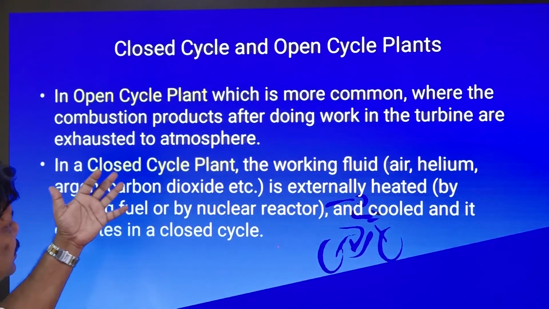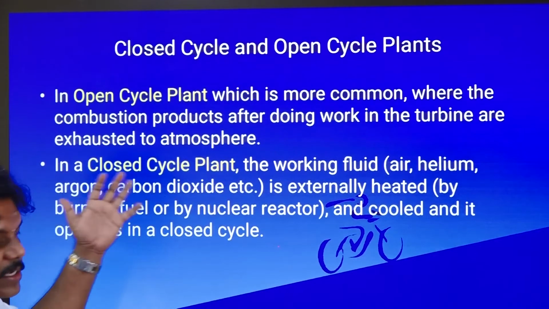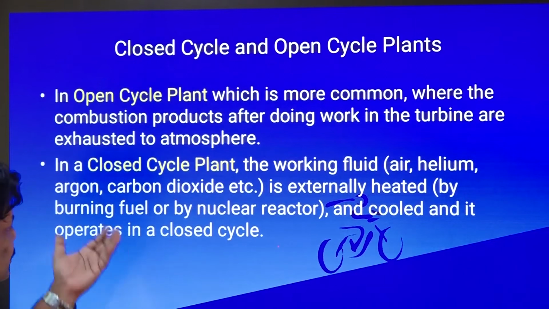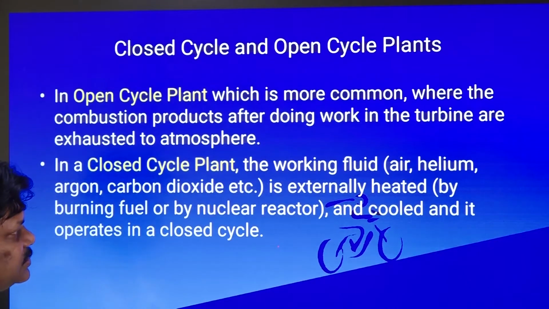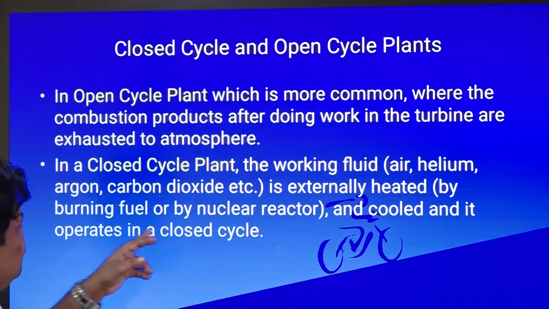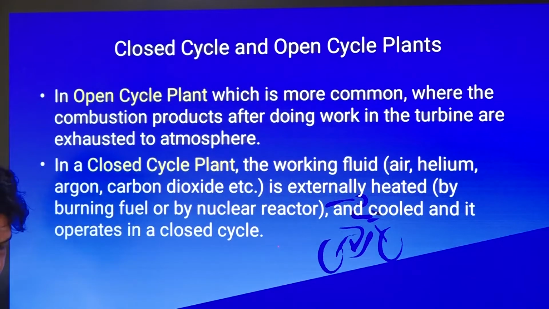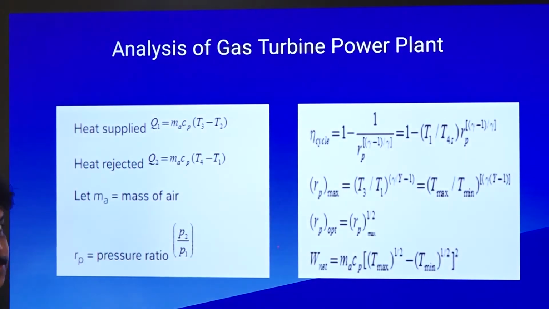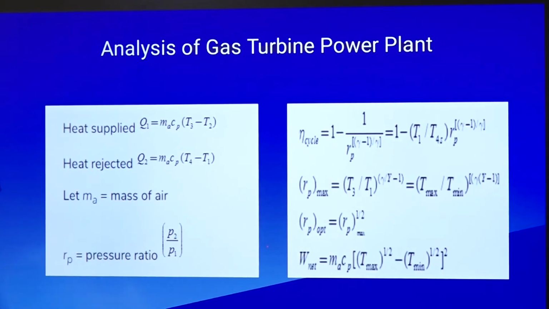In case of a closed cycle plant, the working fluid, which may be air, helium, argon, carbon dioxide and so on, is externally heated and cooled, and it operates as a closed cycle. Externally heated means by burning a fuel or with the help of some nuclear reactor.